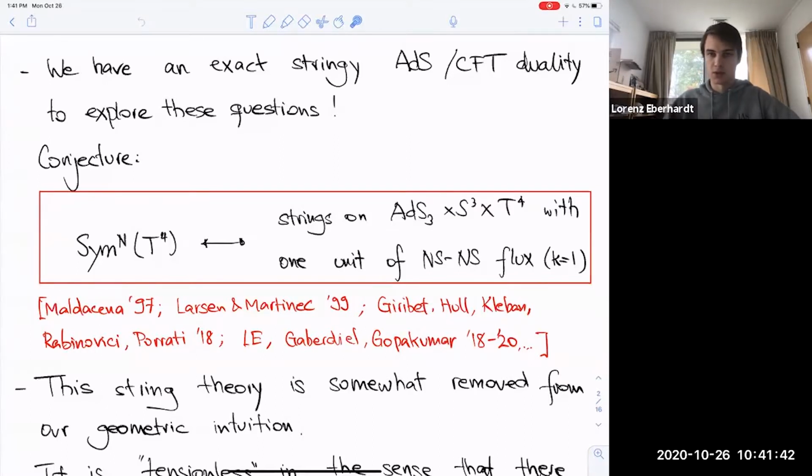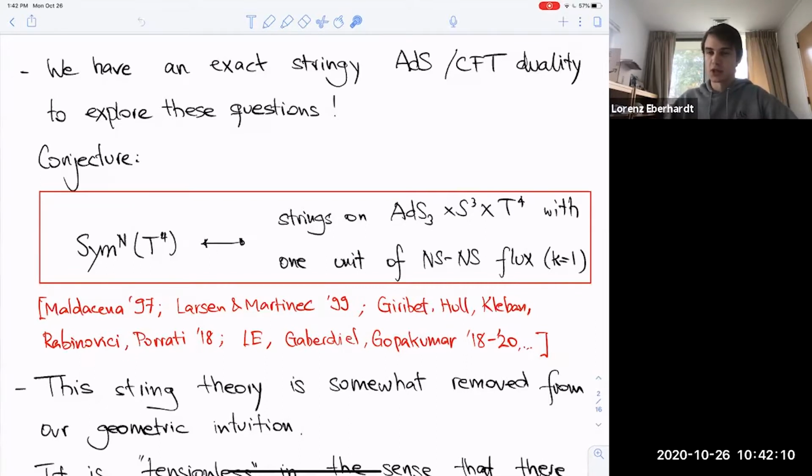Okay, and so I want to use this duality to answer these questions, because both sides of this duality are sort of simple. The boundary is a 2D CFT that's an orbifold of a free theory, so you can compute essentially everything you want in this CFT. Similarly, the bulk side is relatively easy because it's a pure NS background flux.